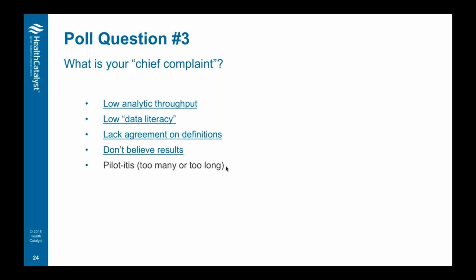And we routinely find that these pilots can go on for way too long. You initially thought, oh, we'll run a pilot for a couple months, get the answer, and make a decision. And then you wake up 5 years later and you're still running a pilot with inadequate resources and people are stressed. So pilotitis is having too many pilots going on at the same time, or they're going on for too long.